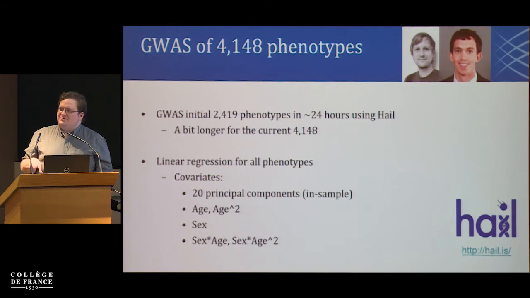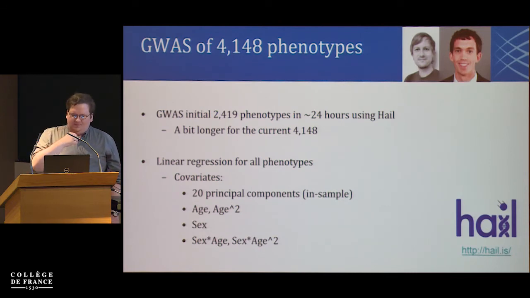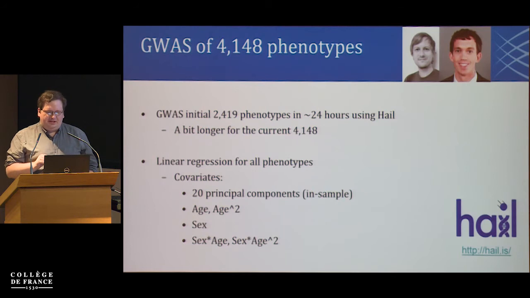The full process from the release of the data from UK Biobank to us having results was probably on the order of a couple of weeks, maybe a month in the first release, a little longer in the second round that got us up to the 4,000 phenotype mark. But it was really enabled by this computational effort and focusing, again, on this rough first-pass analysis by sticking to just a plain linear regression.